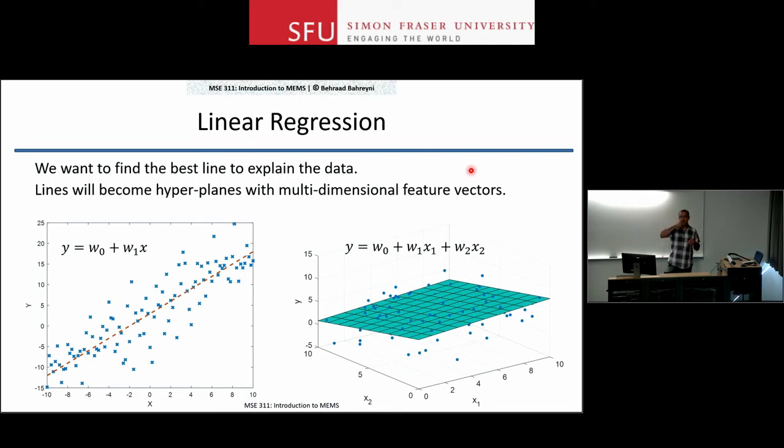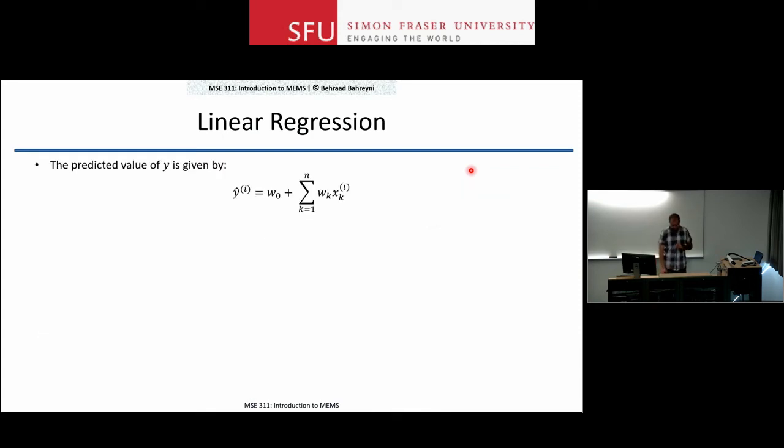It looks at these X0, X1, X2, and all of these, and tries to come up with values for W0 to Wn, where the equation of that hyperplane or plane or line best describes the relationship between those input features and the output. So that's what we want to do.